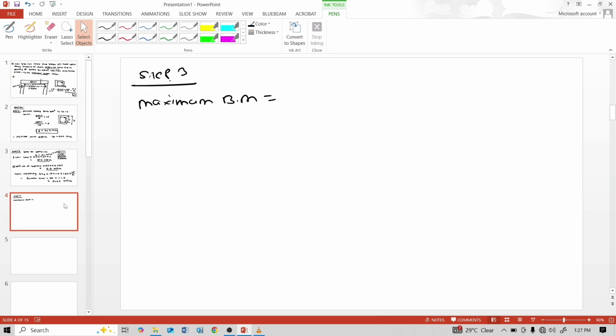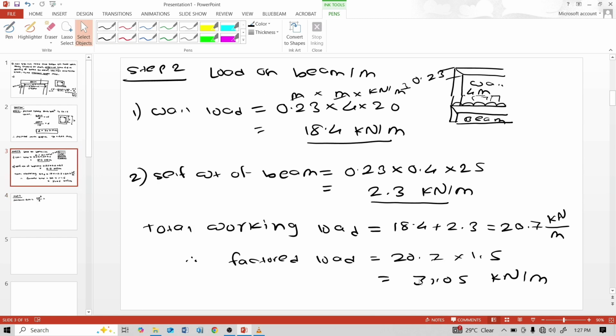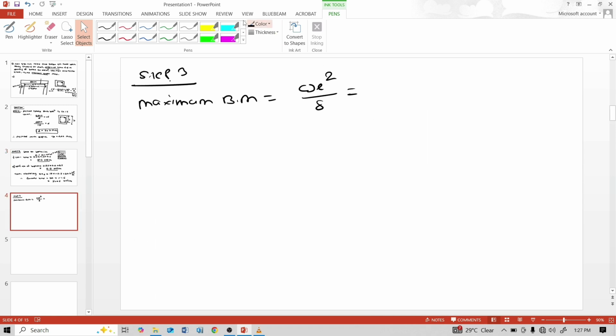So the simply supported beam bending moment formula is WL square by 8. Total factor load acting on beam 31.05. So W is 31.05 multiplied by effective span 4.6 square by 8.